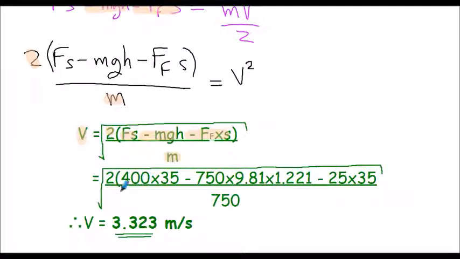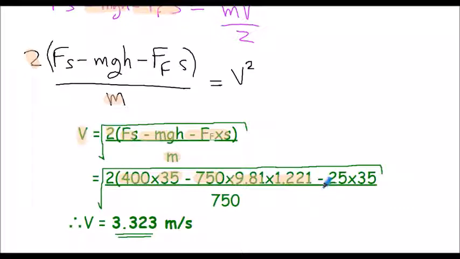Inserting the values, the force constantly applied up the incline on the car is 400 newtons. The distance travelled is 35 meters. We subtract from that the mgh, where the mass of the vehicle is 750 kilograms. We know g, as always, 9.81 meters per second squared. And the height we calculate is 1.221 meters.